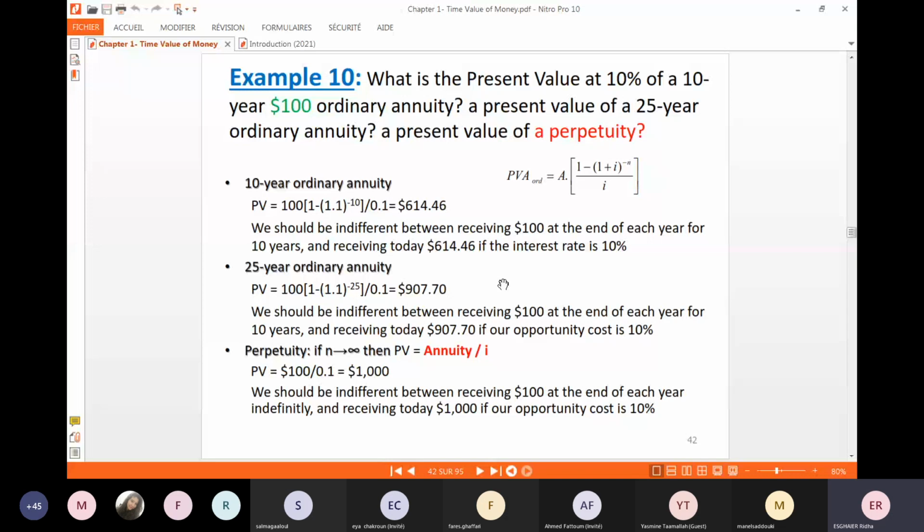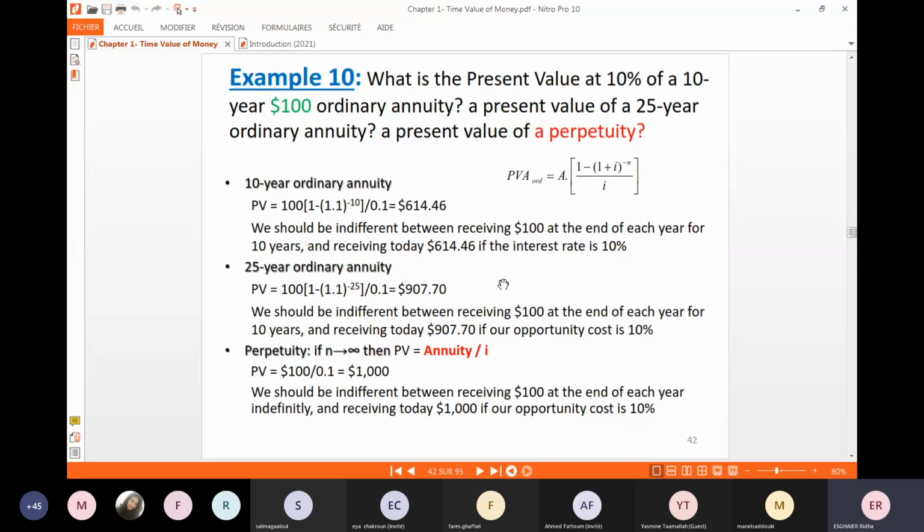So what is the usefulness of this calculation? We will use this mainly in the next chapter when we invest, and we need to determine, for example, the maximum amount that we'll accept to pay today for an investment, knowing that this investment will generate for us at the end of each year 100, 100, 100 during 10 years.